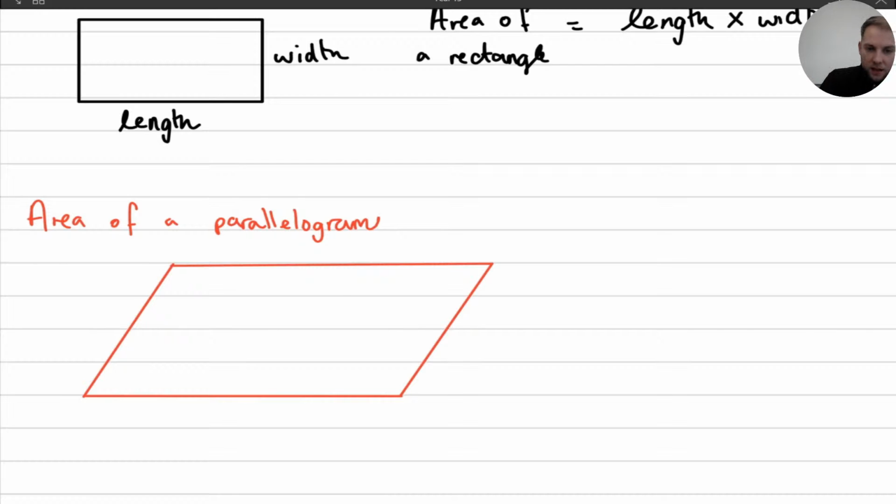So we know that the base of a parallelogram is this part here.